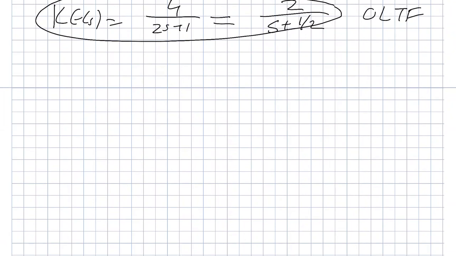So our open loop poles, from K G of S, well, we only have one open loop pole, at s equals minus 1/2. And we don't have any zeros, which are going to be important as well, but we don't have any in this case.